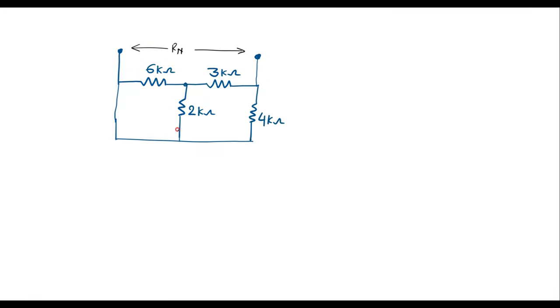So from this circuit we can observe that 6K is in parallel with 2K and 3 kilo ohm is in parallel with 4 kilo ohm. Those two combinations are in series. Therefore I can write Rn is equal to 6 kilo ohm parallel with 2 kilo ohm, and this combination is in series with 3 kilo ohm parallel with 4 kilo ohm.